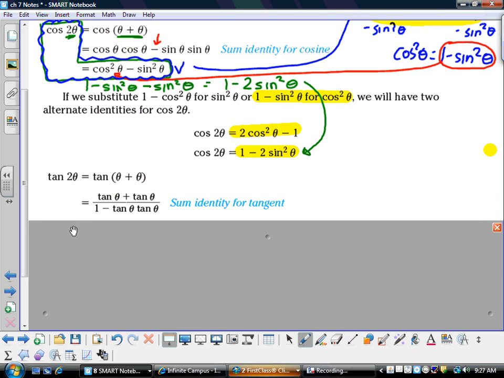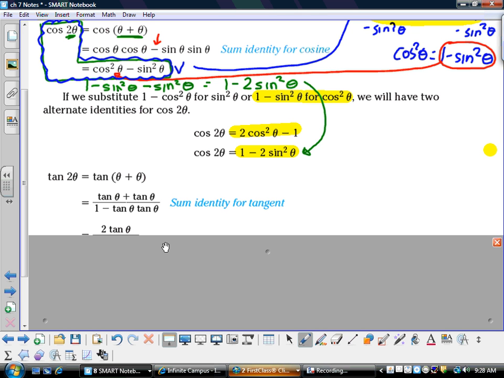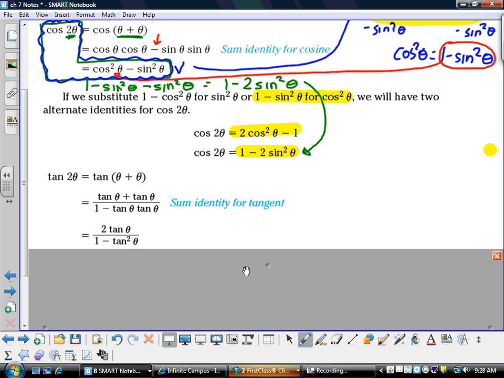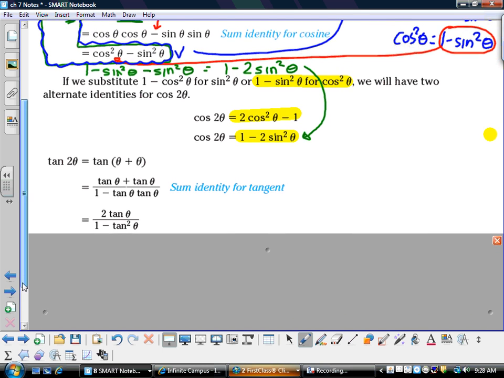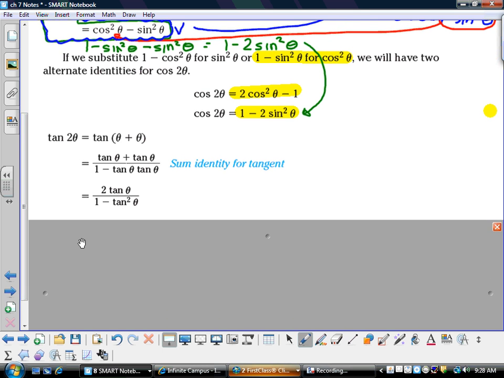And simplify. On the top, we have tangent plus tangent, so that's 2 tangent. On the bottom, we have 1 minus tangent times tangent, so 1 minus tangent squared. That is the double angle identity for tangent.